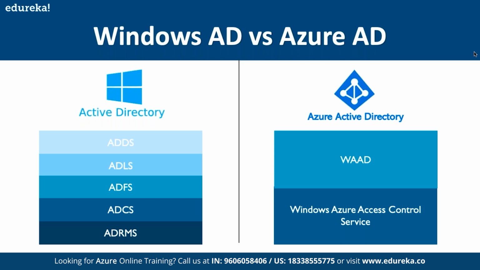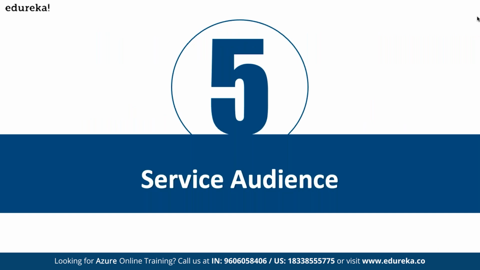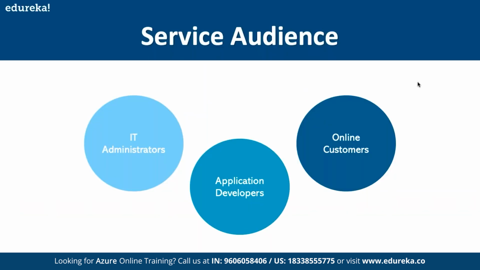All right, so let's move forward. Next, we have service audience. Here we have online customers, application developers, and IT administrators. We have to make sure that we are keeping a check on the permissions given to every user that has been onboarded, so that they have access to perform only the activities meant for them.